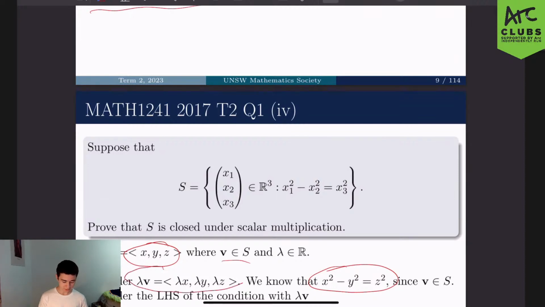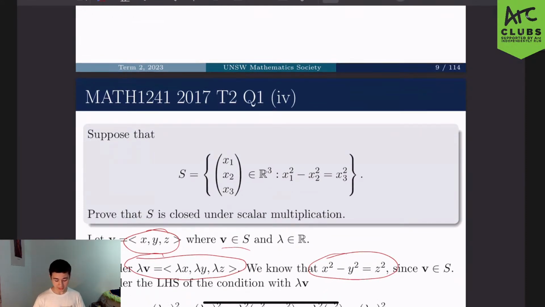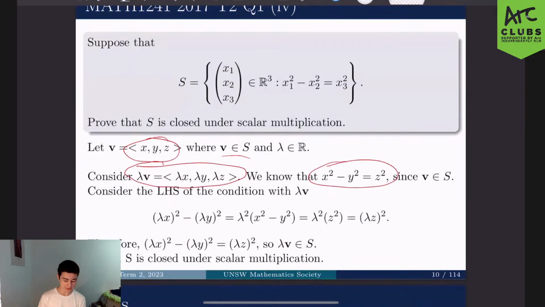When we consider lambda v, which is just any scalar multiple of v, and plug it back into this same equation, we can see that lambda distributes evenly to all of the components.